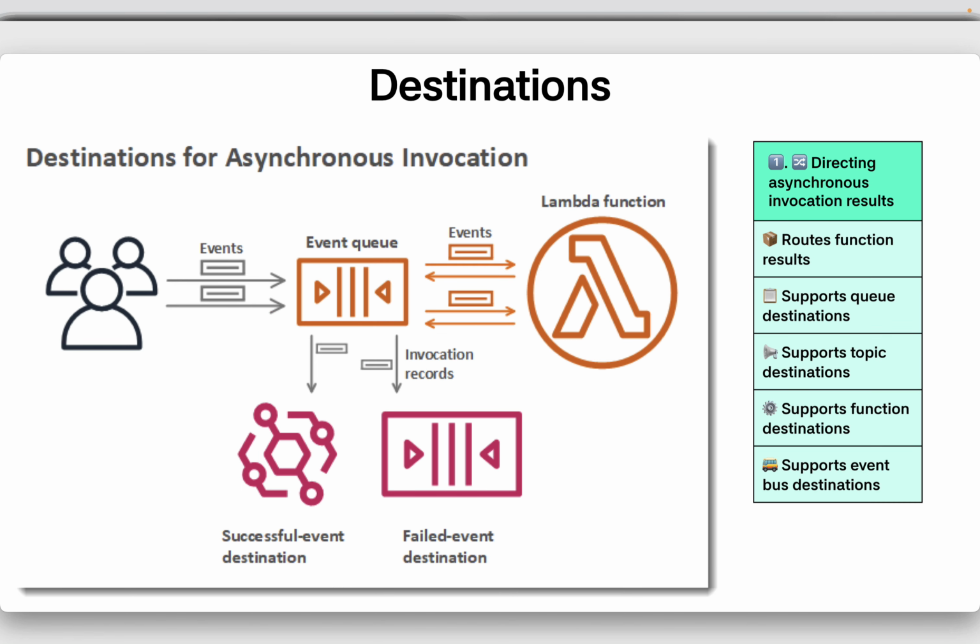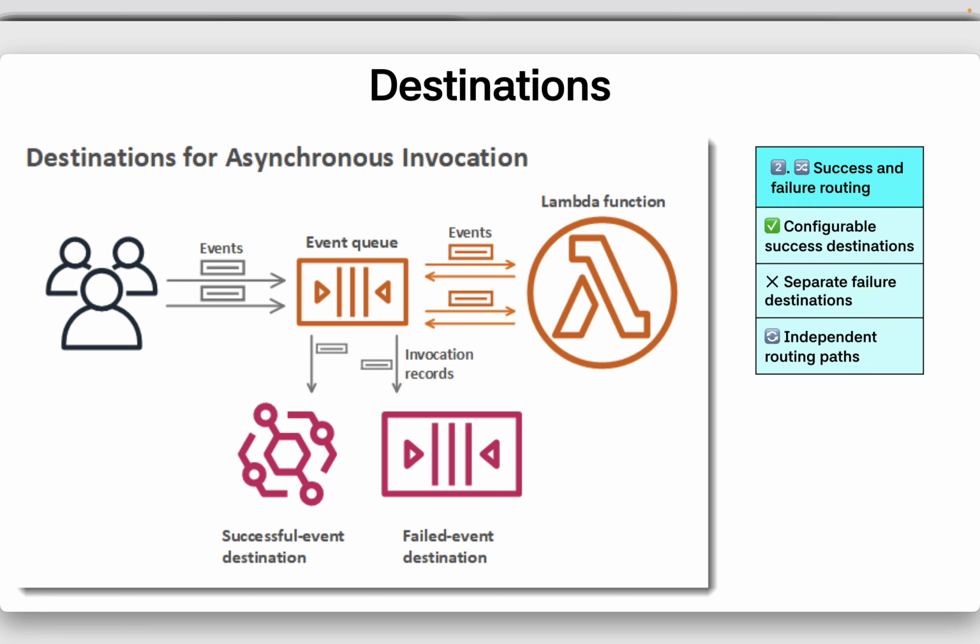Okay, next feature is destinations. AWS Lambda allows directing results of asynchronous invocations to destinations like queues, topics, functions, or even buses. You can configure separate destinations for successful and failed asynchronous invocation records.